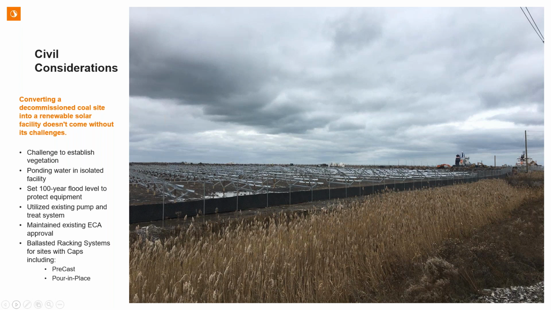Again, you need to set your 100-year flood level to protect your electrical equipment, and that involves raising your pads a certain level above grade. Utilizing existing pump and treating systems. Maintain the existing ECA approval. And for your ballasted racking systems, the two options are to either use a precast concrete ballast or a pour-in-place ballast.